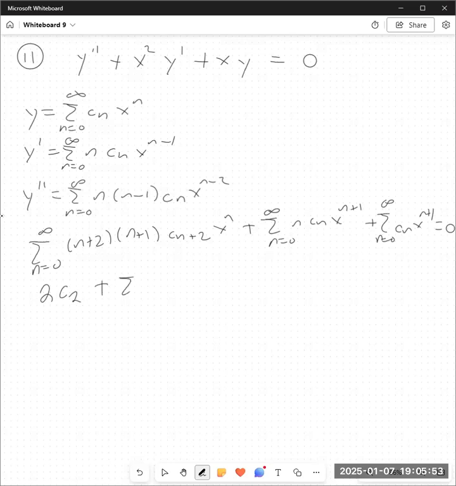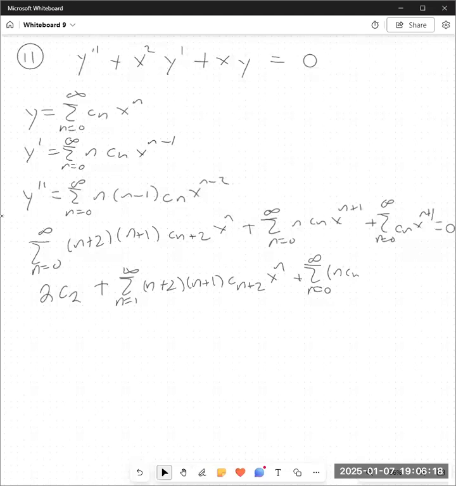So this is going to be plus the sum from n equals 1 to infinity of n plus 2, n plus 1, c sub n plus 2, x to the n, plus, I already put these together, the sum from n equals 0 to infinity of n Cn plus another Cn, which is n plus 1 Cn, x to the n plus 1 equals 0.